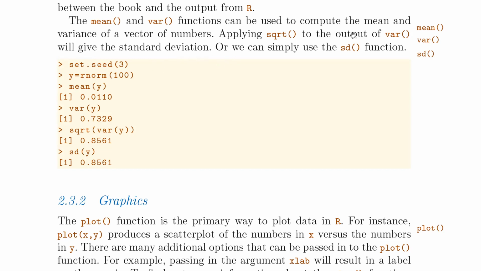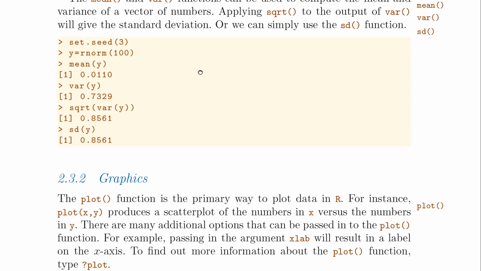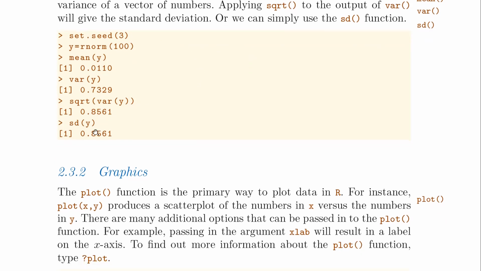So this is just the definition. If you square root the variance, you get what we call a standard deviation. So, for instance, look at this one.